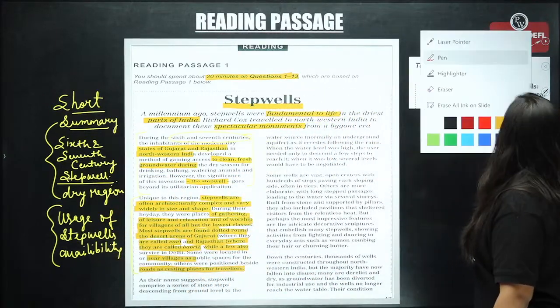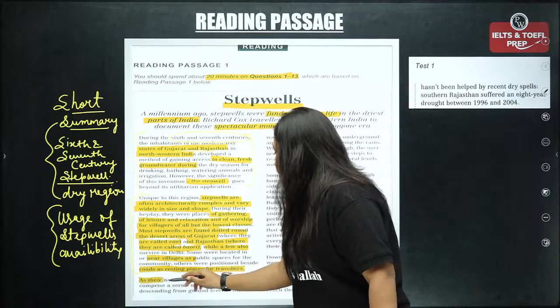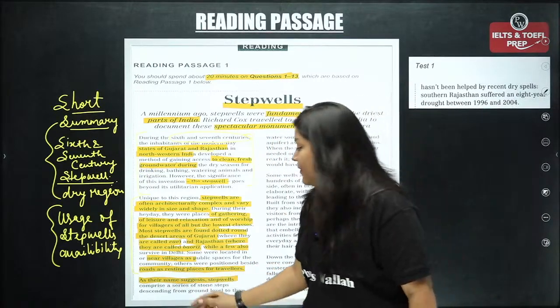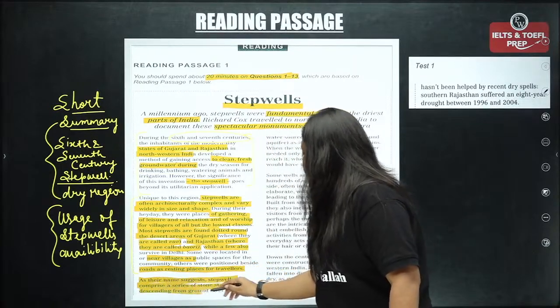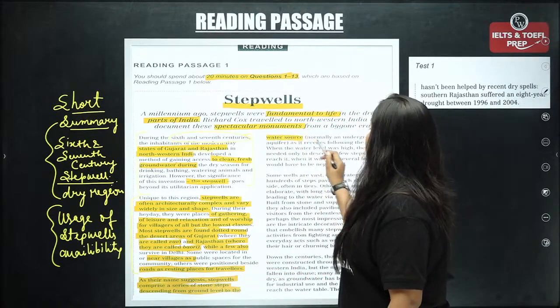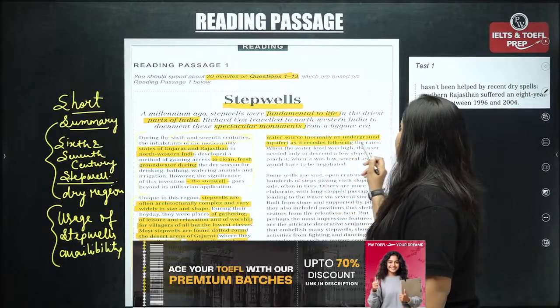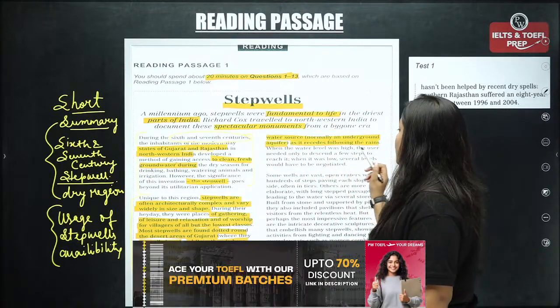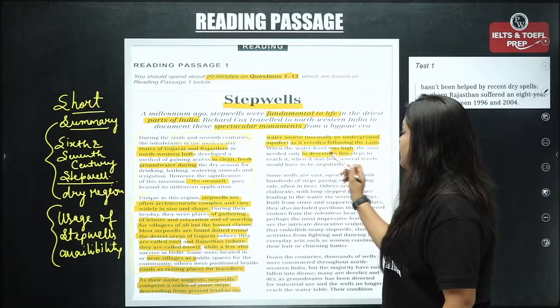So yes, now let's move on to the next part, which, as the name suggests, is the step well. Here is what a step well actually is. It comprises a series of stone steps descending from ground level to a water source, normally an underground aquifer, as it recedes following the rains. When the water level was high, the user needed only to descend a few steps to reach it.